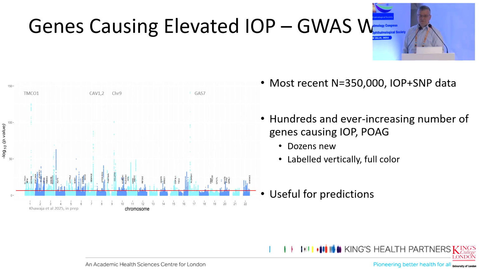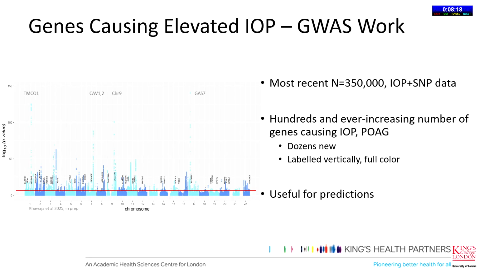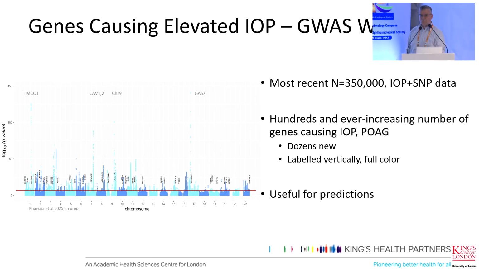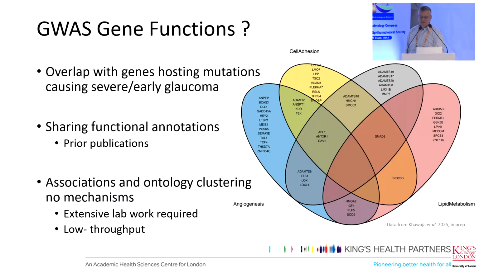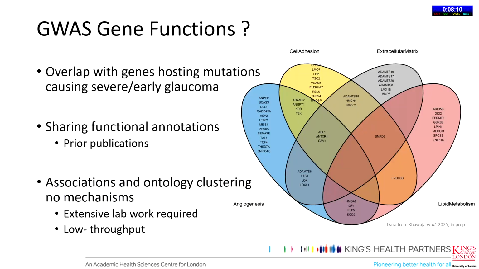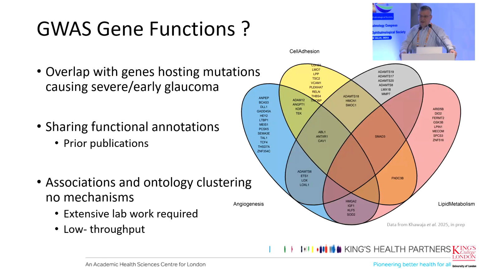Now, that sort of genetic knowledge is useful to make predictions. And although imperfect, our genetic predictions are getting better, and we have this unprecedented ability, and still it's work in progress, to identify individuals who are going on to become glaucoma patients or who'll stay controls for the rest of their lives. What does that tell us about the gene functionality? Something, but a little. We know, for example, there are a few recurring themes among the GWAS association studies.